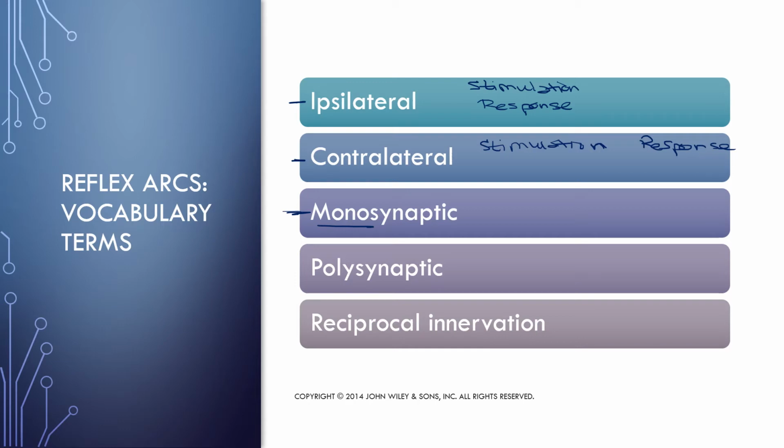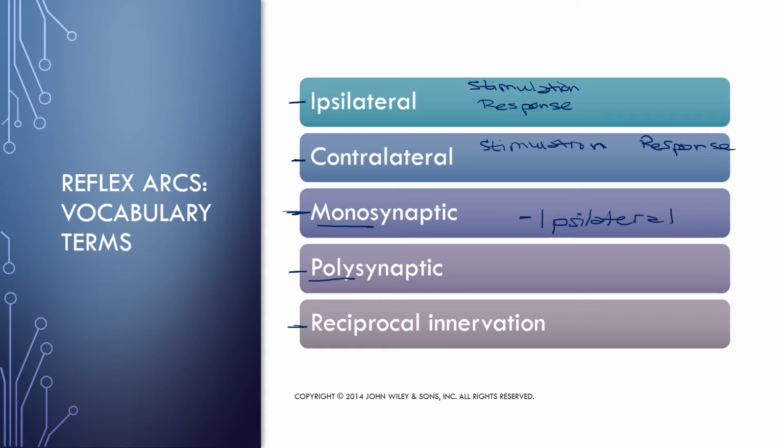All monosynaptic reflexes are going to be ipsilateral. Next, we have polysynaptic reflex arcs, and these involve more than two types of neurons and more than one central nervous system synapse. Poly meaning more than one, so we're going to have more than one synapse. And these can be ipsilateral or contralateral.